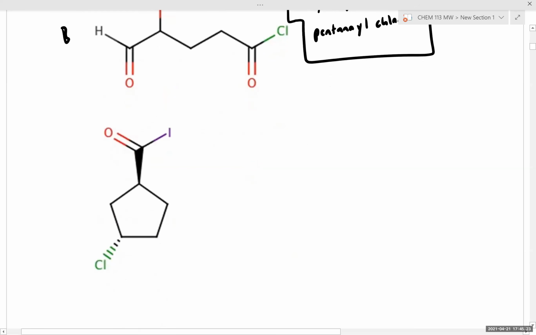Okay, so let's try to name this next compound now. In this case, we have an acyl halide that is attached as a substituent on a ring.